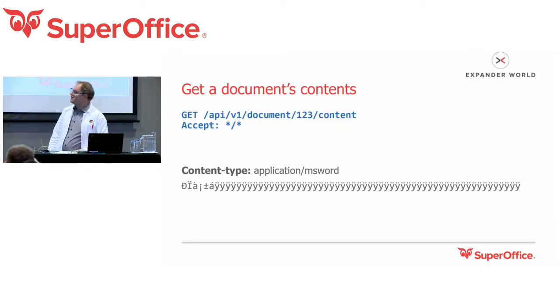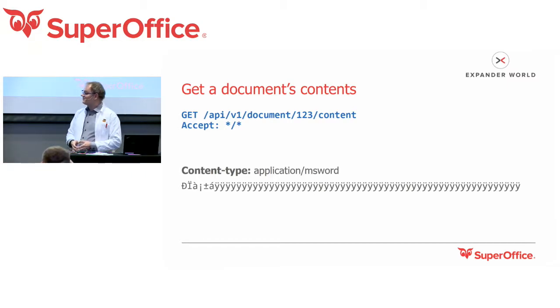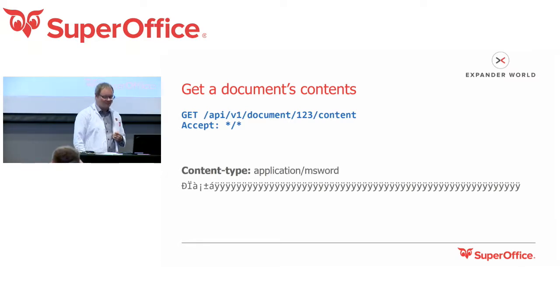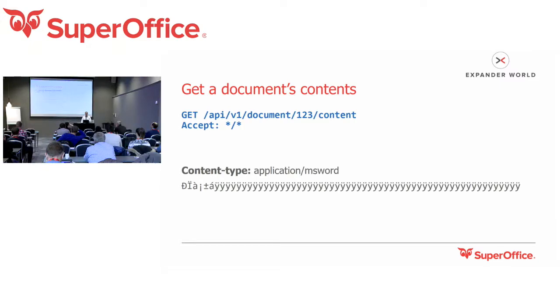But then if we go get the /content, we get back the actual document, the contents, that's the MS Word file in this case, binary data. So simple enough.